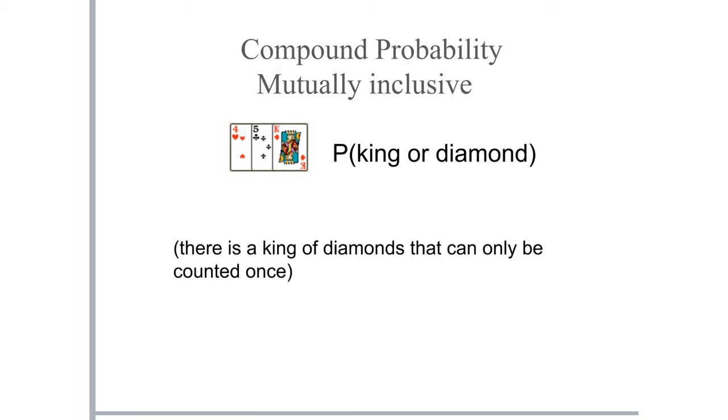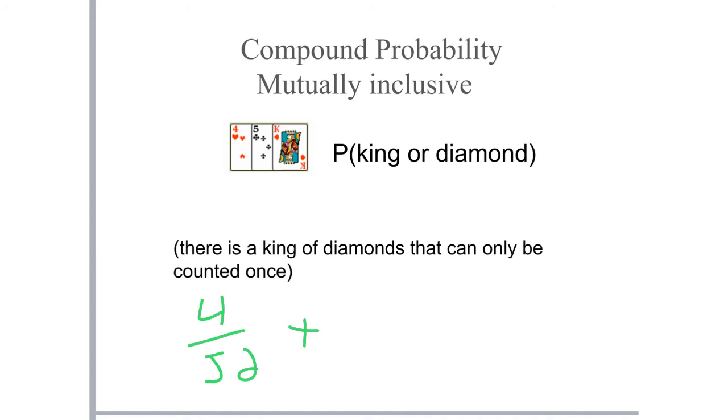We can also look at the probability of what's called mutually inclusive events. So if, for example, looking at the probability of pulling a king or a diamond out of a set of cards. Well, the probability of pulling out a king, there are 4 kings in a set of cards out of 52. So that would be 4 out of 52. And then we would add that to the probability of pulling out a diamond.